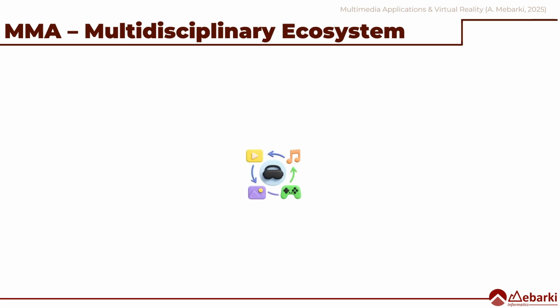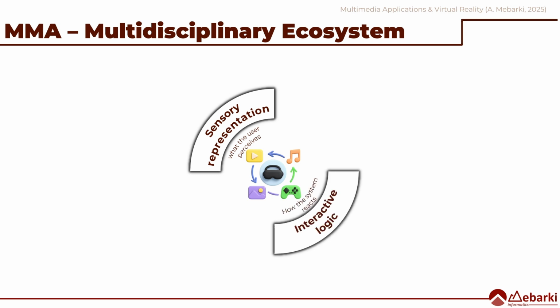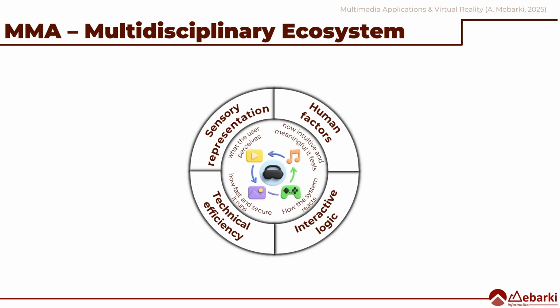It brings together sensory representation, what the user perceives, interactive logic, how the system reacts to them, technical efficiency, how smoothly, securely, and responsively it runs, and finally, human factors, how intuitive, comfortable, and meaningful the whole experience feels. In short, an MMA must integrate multiple sensory inputs and outputs, maintain security and ethical integrity, and ensure both interactivity and performance at every level.